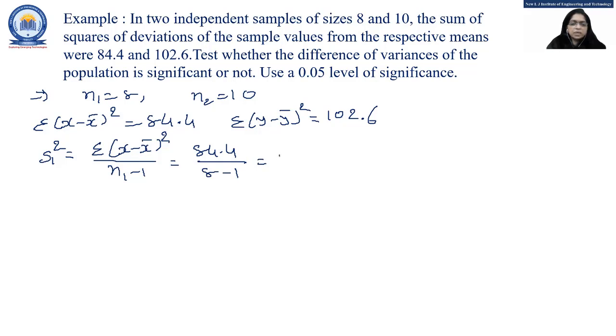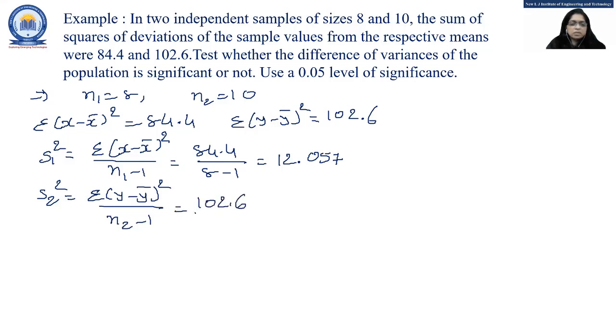After simplification, we'll get 12.057. S2 square is sigma (y minus y bar) the whole square upon n2 minus 1, here 102.6 upon 10 minus 1. So that is 11.4.